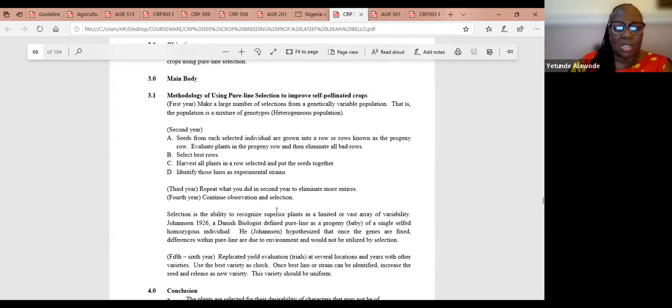All this selection story is not compulsory, except maybe there's a place where I asked you to define selection, I don't know. But if I said, what is the method of using pure line selection to improve self-pollinated crops, you should be able to know what to write there.